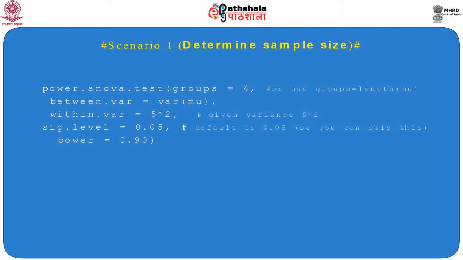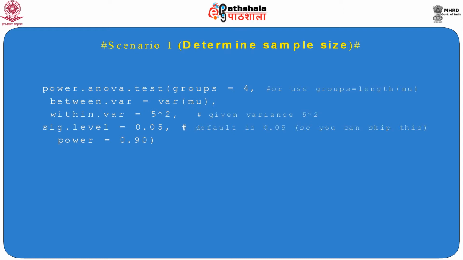Without needing any R library, we can use this function to calculate the sample size, where groups equals 4, the number of groups we have here, and between.var is assigned as var of mu. Within variance is assigned as within.var equals 5 squared, that is 25. sig.level is assigned as 0.05.